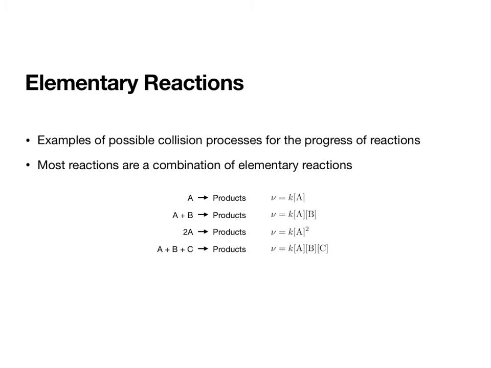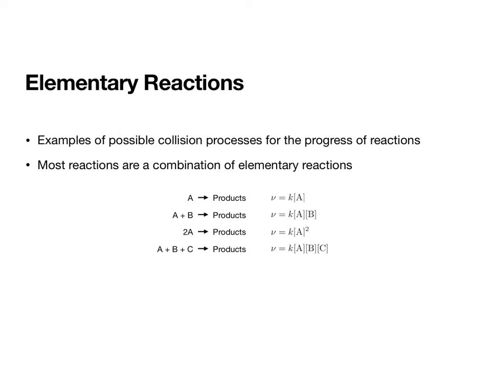When we think about rate laws, the first thing we have to do is narrow ourselves down to thinking about what are known as elementary reactions. These are really simplifying the processes that can occur in reactions. The reality is that most reactions are a combination of different elementary reactions.